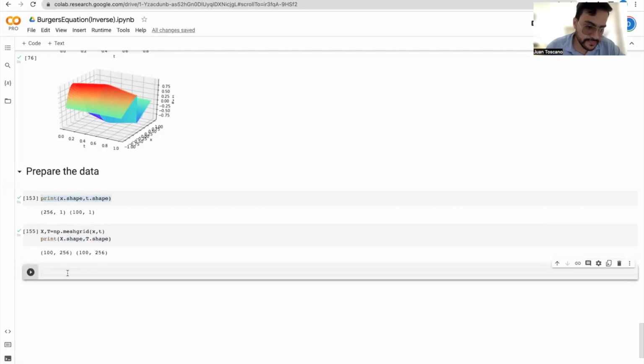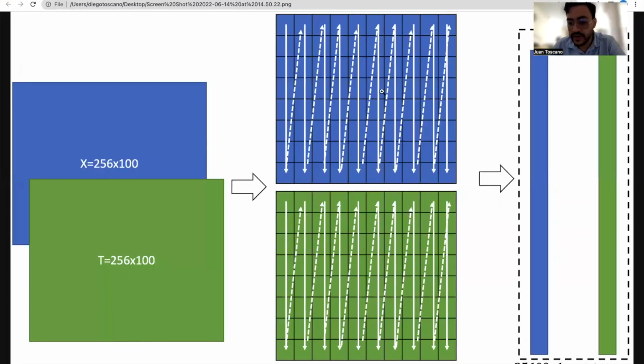That's right. However, remember that a neural network cannot handle matrices, so we need to vectorize our input variables. To do that, we'll proceed with a column major flattening. In the end, we will get two vectors of 25,600 points each, and we will store both vectors into a single container.